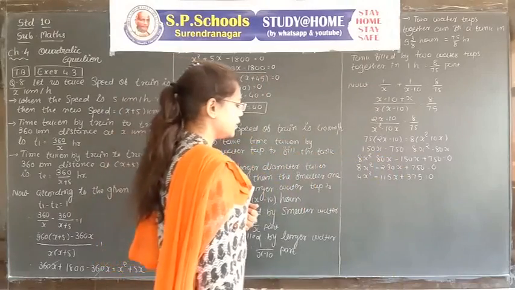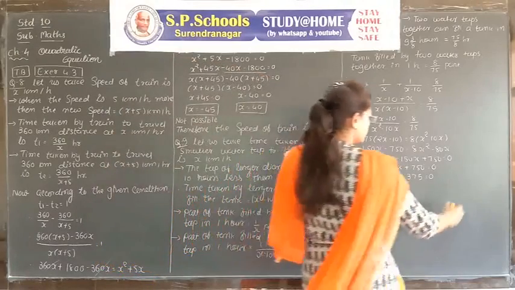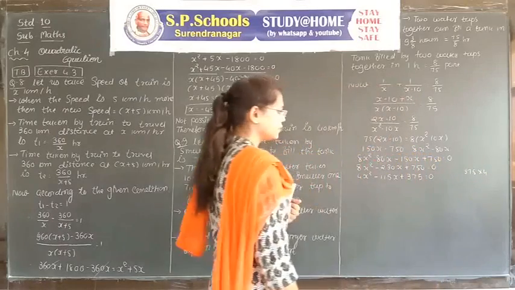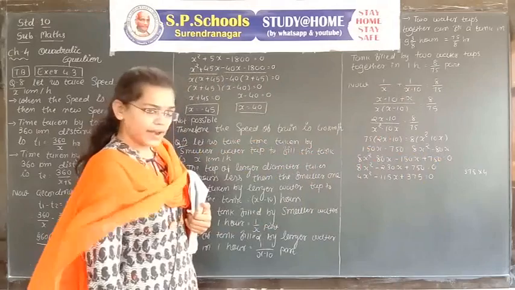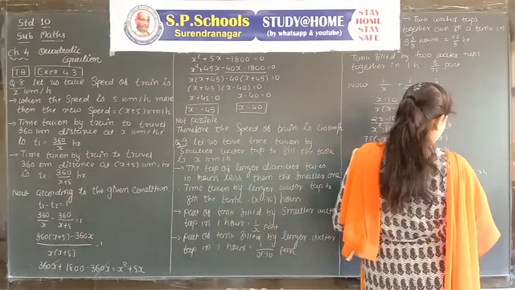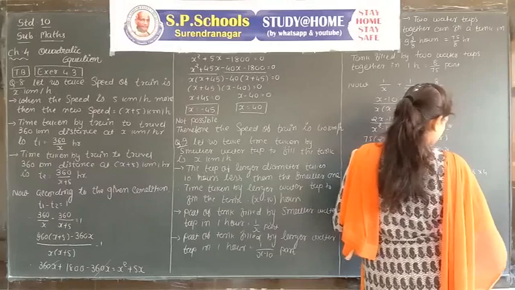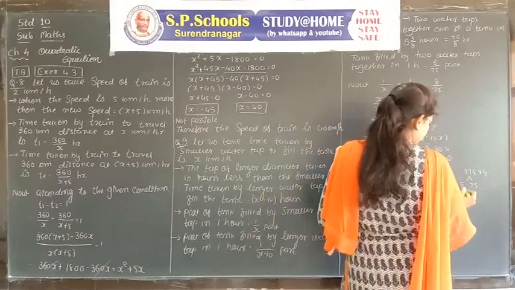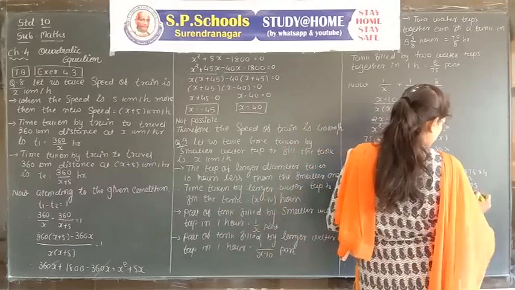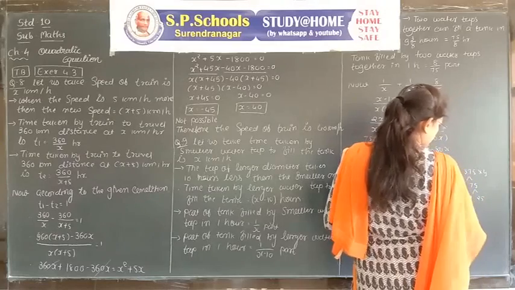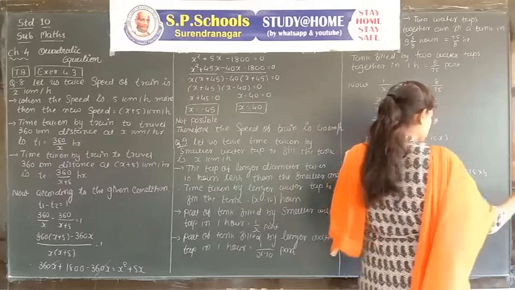Here 375 and 4. 375 into 4, find the factors of this multiplication which give the addition 115. Divide by 5: 4 5s are 20, the addition is not possible. 3 and 25s are 60, which is not possible.